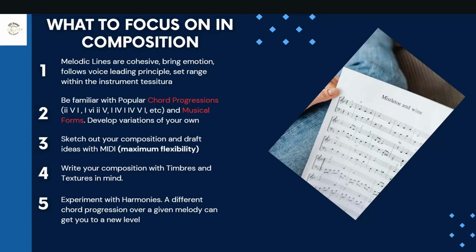You develop a melody, and in one passage of your composition you play the melody with a certain chord progression, and then when you repeat that passage, you change the harmony or the chord progression. It takes the song to a whole different world, even though the melody is exactly the same.